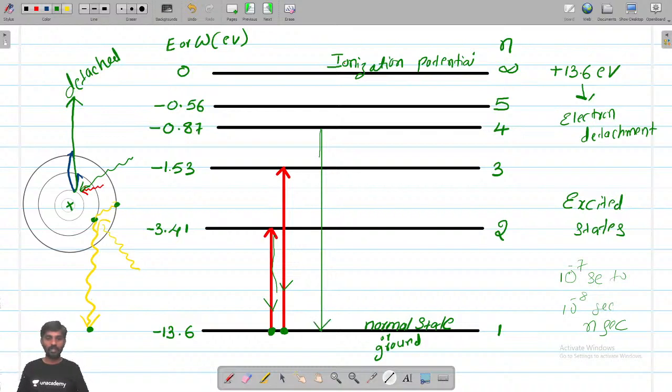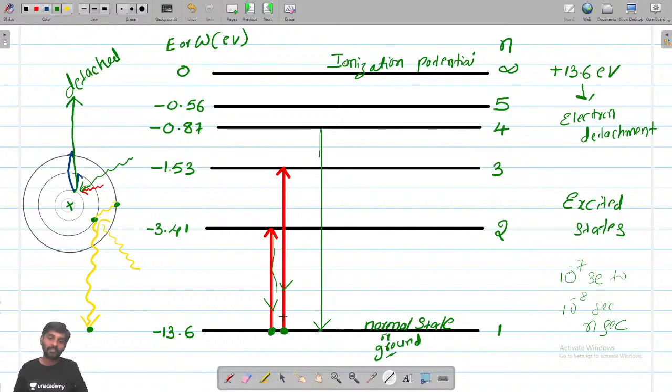I'm assuming that earlier it went from state 1 to state 4. Whenever it comes back from the fourth state to the first state, it has to release some energy. Yes or no? Because it has gone from a lower energy level to an upper energy level. What is the lower energy level? This normal state or ground state which we are talking about.